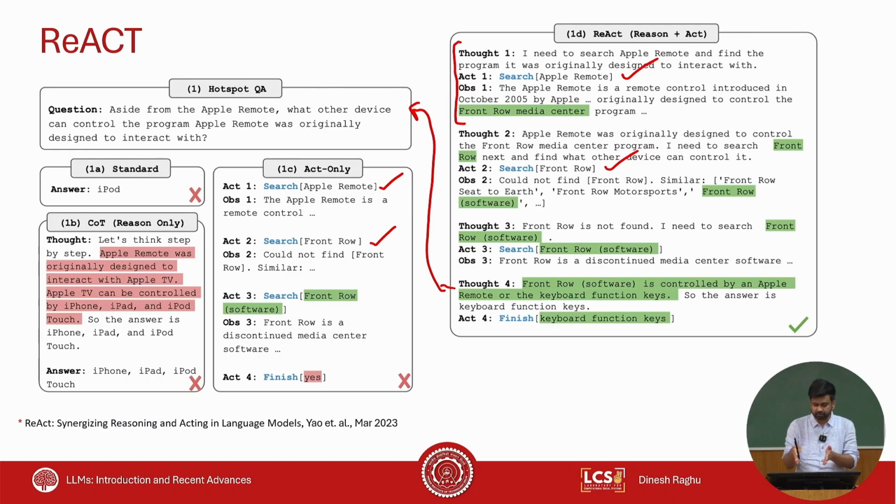The good part about this thought process is that it helps you summarize things you've done in the past in a nice way, so that the next action becomes a lot more intuitive. Here the thought says Front Row software is controlled by Apple remote or the keyboard function keys. So the answer is this. It's able to get the information from the question and whatever output it got from this observation, and then think through it, so the final answer is a lot more concrete here than with the other approach.